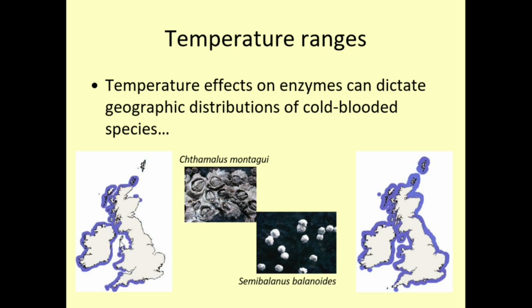Well, let's say we increase our average water temperature around the UK by 2 degrees C. Well, this species is now going to be able to extend its distribution around to the east coast. It may get to a point where it's too warm on the southwest, so here its habitat will start to shrink. So it's gaining habitat here, but it might be losing habitat down here.